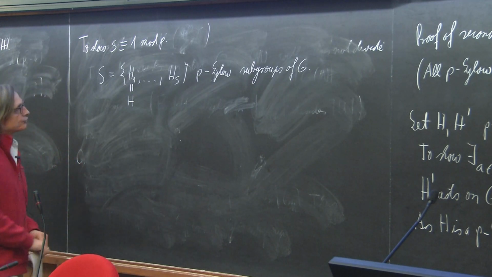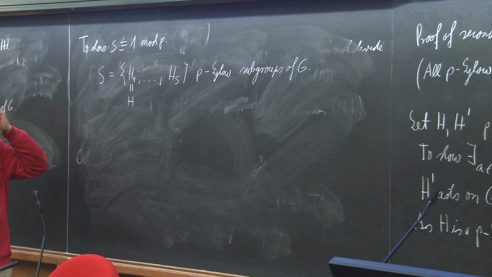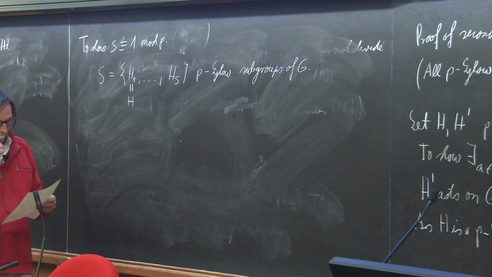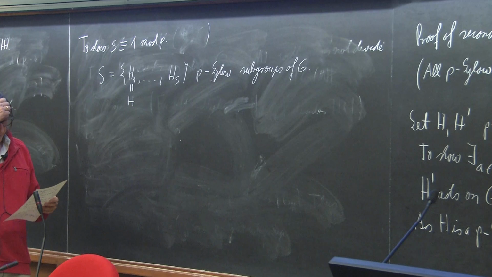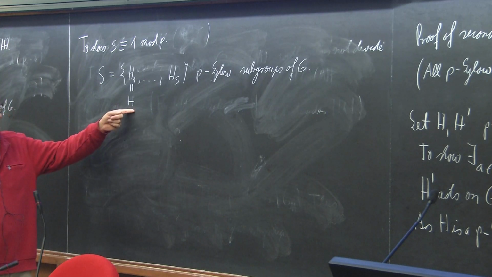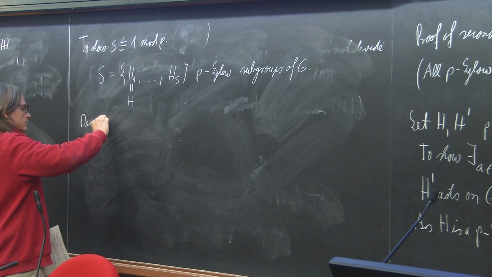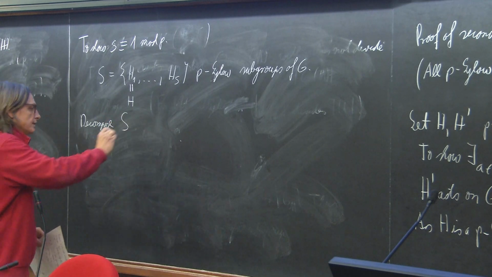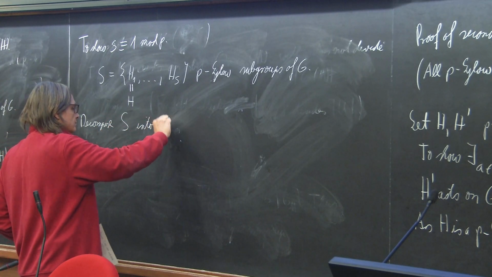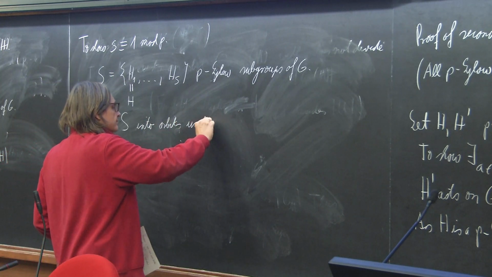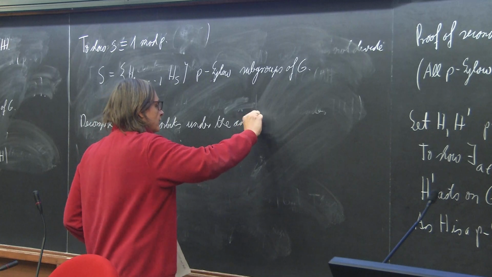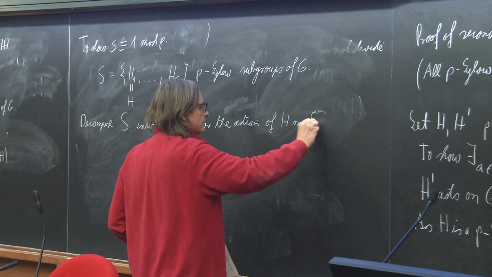Now again, we want to decompose S into actions under conjugation, but not under the whole group G, because under the whole group G there's only one orbit, but under a smaller group, namely just conjugation by H itself. So decompose S into orbits under the action of H on S by conjugation.